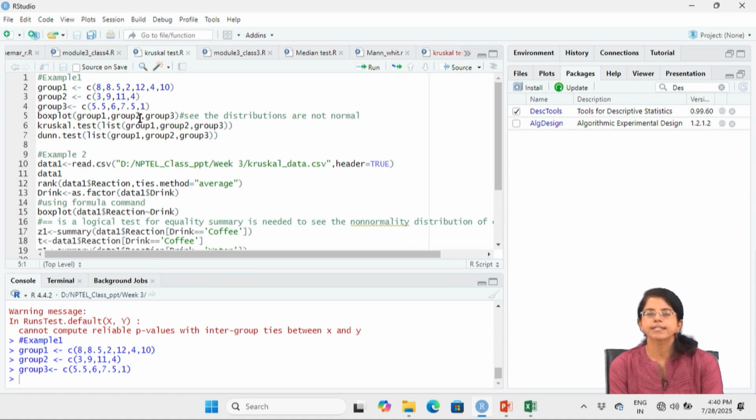Just to incite your interest, you can draw the box plot. What will be the benefits of drawing the box plot? Because from the box plot you will have a visual idea of how the group means are differing from each other. So, let me draw the box plot.